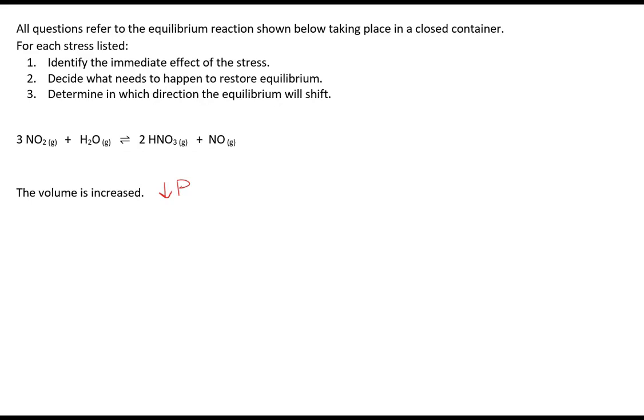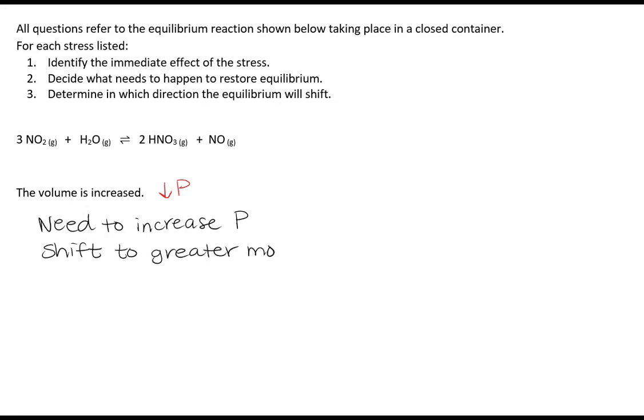In order to restore the equilibrium, we need to increase the pressure. In order to increase the pressure, the equilibrium will shift towards the side that has more gas particles, so it will shift to the greater number of moles of gas.